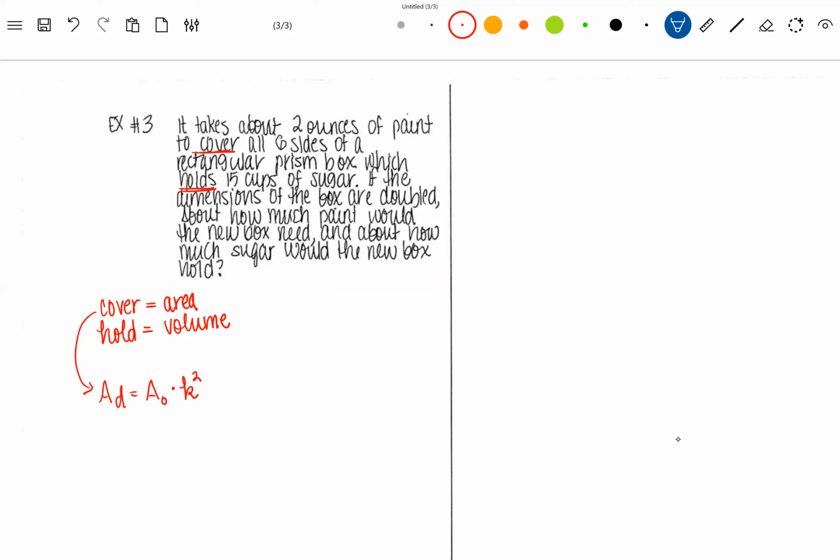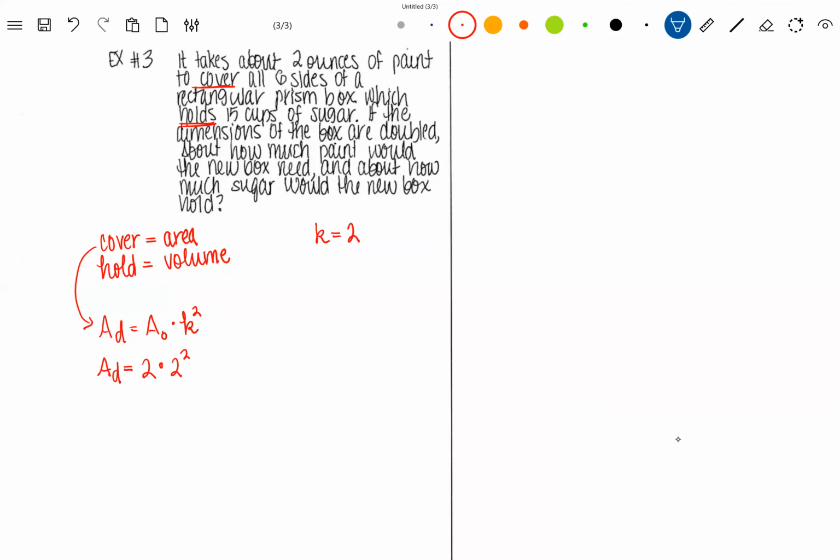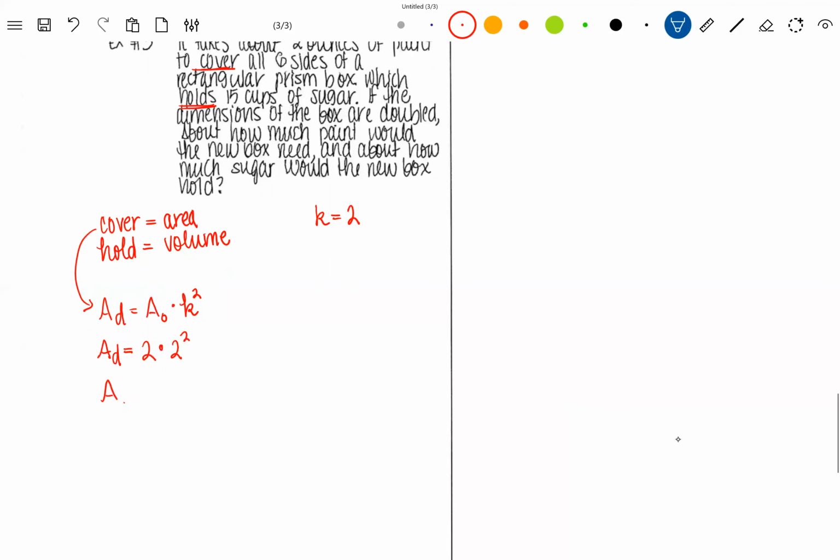So that means our scale factor is 2. It wants us to find the area, or the surface area, of the new box, which is the dilation. The original amount is 2. The scale factor is 2, and it gets squared since it's area. That should be A sub D. 2 times 2 squared is 8.